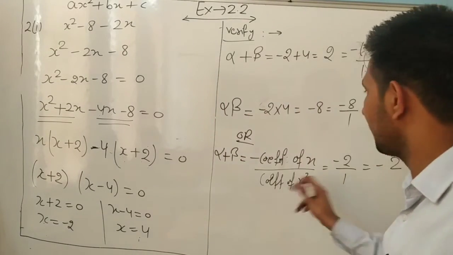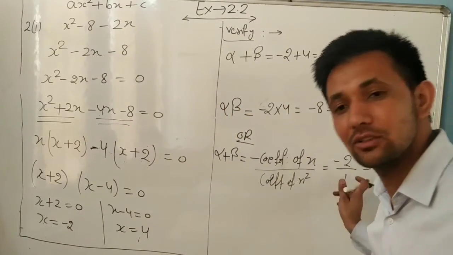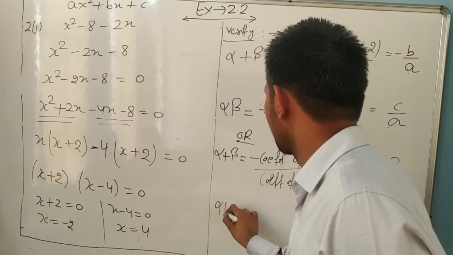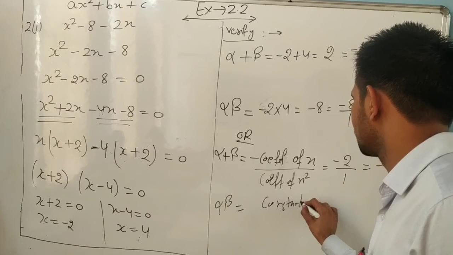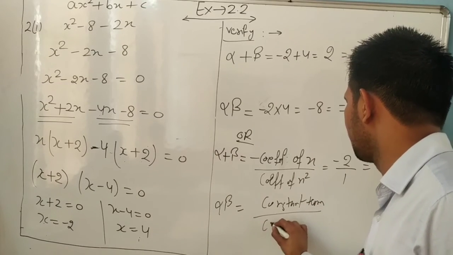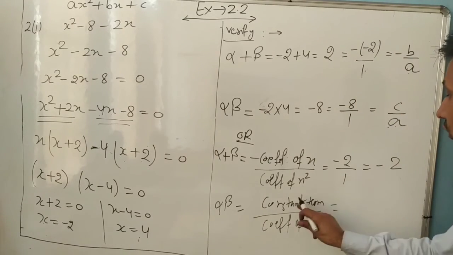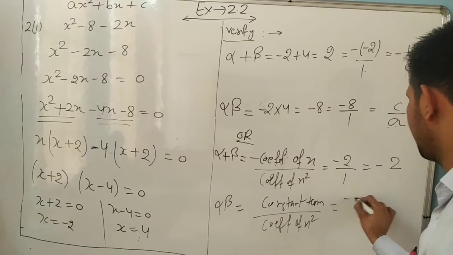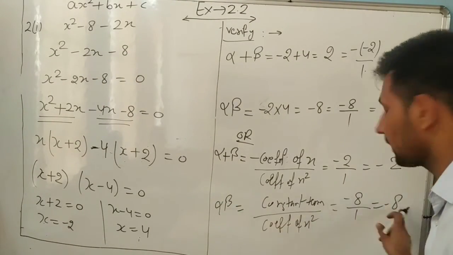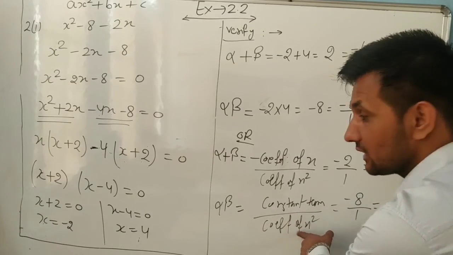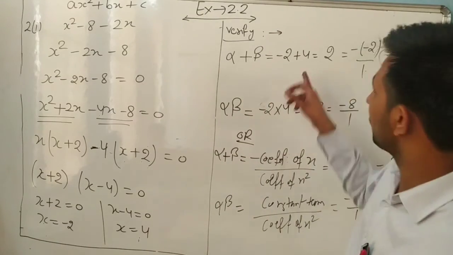Yes, alpha plus beta is also minus 2 plus 4, and the sum is also the same by this. Next, alpha into beta equals constant term divided by coefficient of x square. Constant term is minus 8, a is 1. So alpha into beta from this relation is minus 8, and minus 2 into 4 is also minus 8. So our answer is also right, so we verified it also.